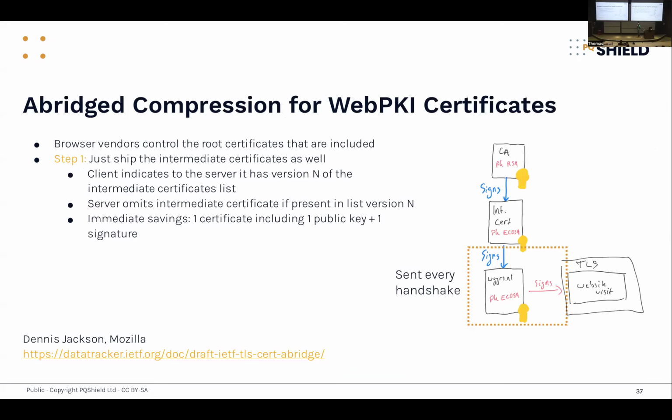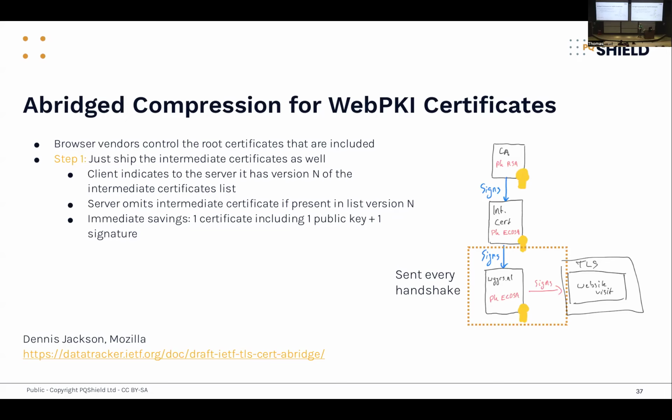Another proposal that has been put forward by Mozilla, by Dennis Jackson in person, was to basically try to compress this chain of certificates. It's a 2-step process, and the first step is basically to realize that maybe we can also just put this in the web browser.